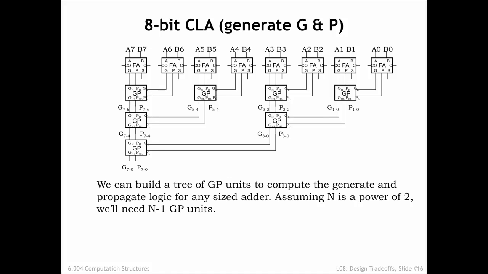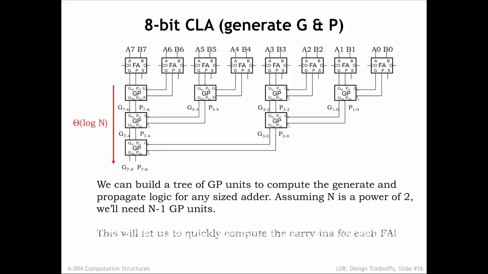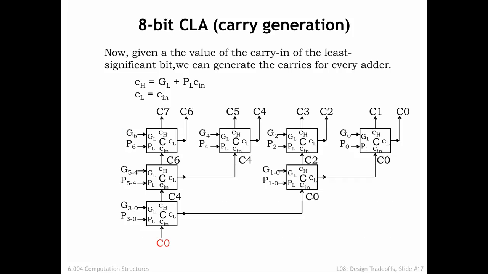For an adder with n inputs, the tree will contain a total of n-1 GP modules and have a latency that's order log n. In the next step, we'll see how to use the generate and propagate information to quickly compute the carry-in for each of the original full adder modules.